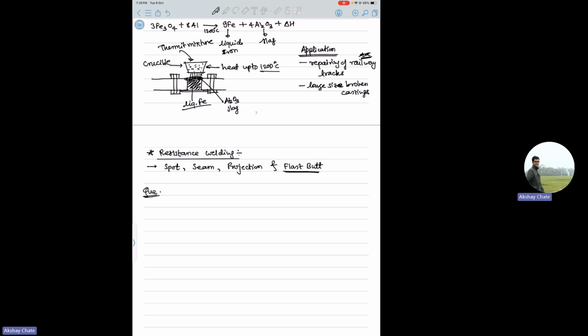Regarding this, let's take one question. Two pipes of ID 100 mm and pipe thickness 5 mm are joined by flash butt welding.